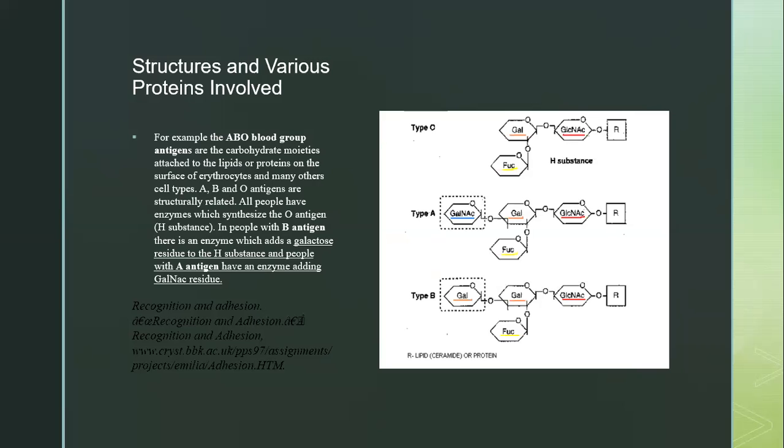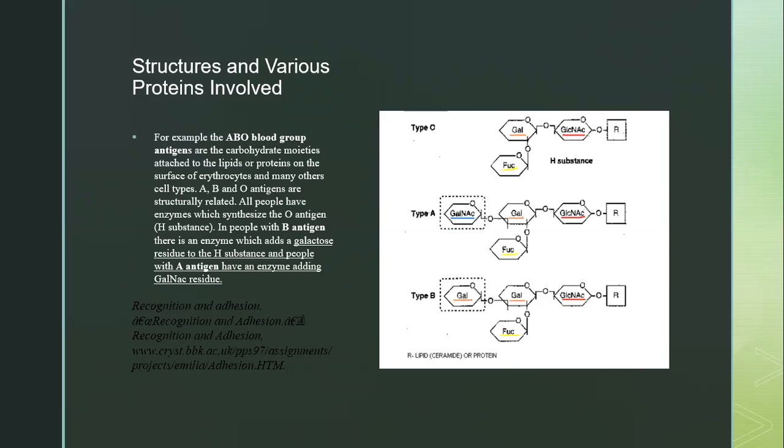The A, B, and O antigens are structurally related. All people have enzymes, in other words proteins, which synthesize the O antigen, which is the H substance. In people with B antigen, there's an enzyme which adds a galactose residue to the H substance, and people with A antigen have an enzyme adding a GalNAc residue.